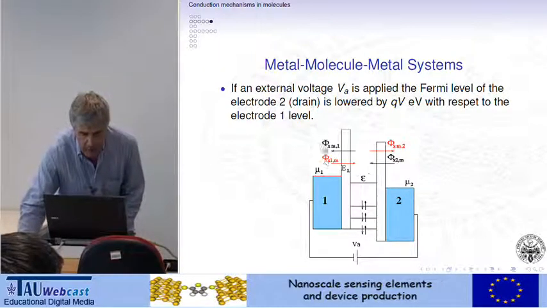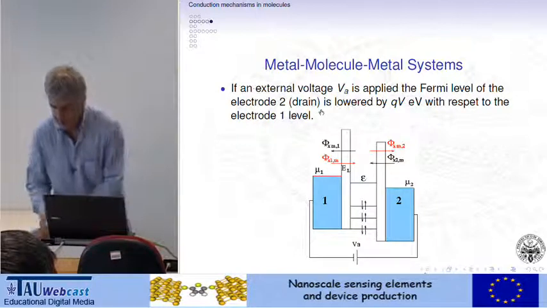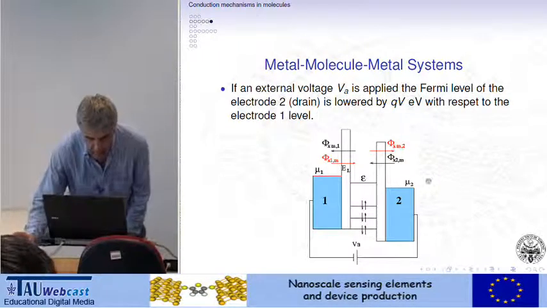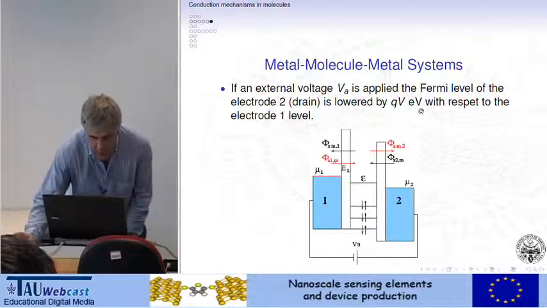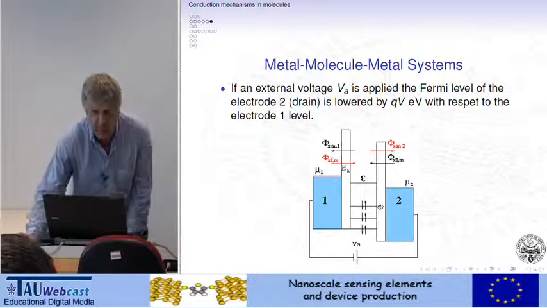So I try to summarize this condition in this way. The two fluxes in red in the scheme are obviously the fluxes that will dominate the current in the whole system. The red fluxes are dominant to understand which is the total amount of current flowing from the electrode 1 to the electrode 2.